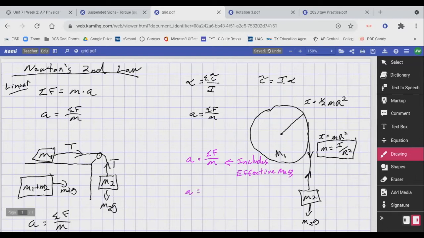The summation of forces: the only force acting on the system is M2G. Now we need to divide by total mass. There's an M2, and then there's also I over r squared. Before you ask, isn't it 1/2 mr squared? Give me a second, I'm going to introduce it.